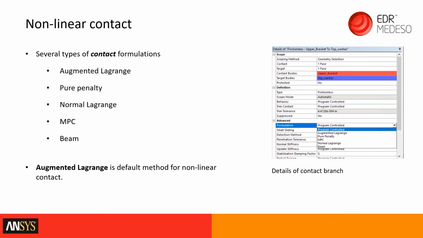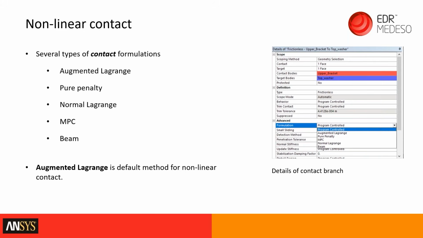Normal Lagrange will give you very accurate results. So just moving back, the penalty methods, the first two, allow a small amount of penetration between the two parts. And the amount of penetration is controlled by various settings. It's fairly computationally robust.